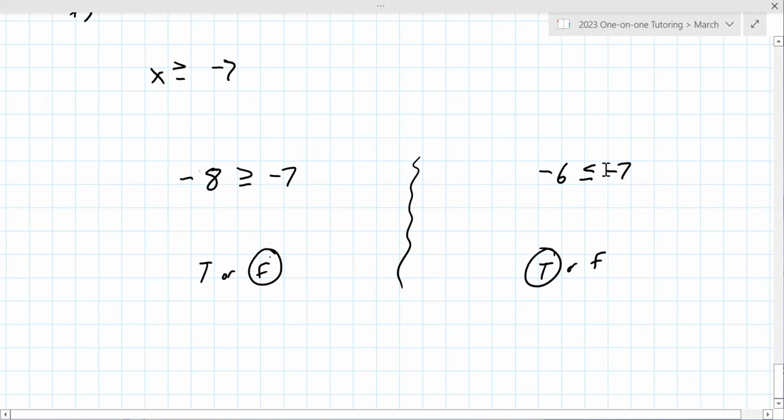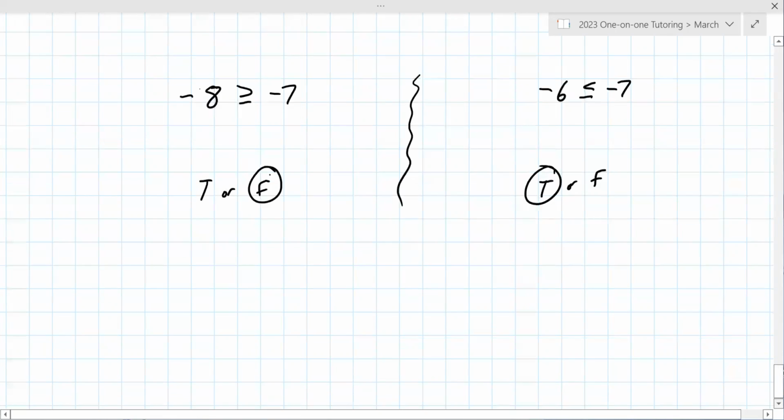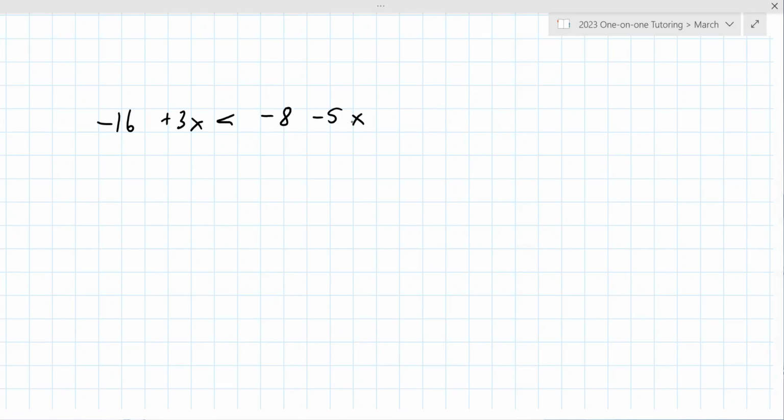All right, let's have you try solving one here. -16 plus 3x less than -8 minus 5x. I want you to just talk me through this problem, what I should do to solve it.